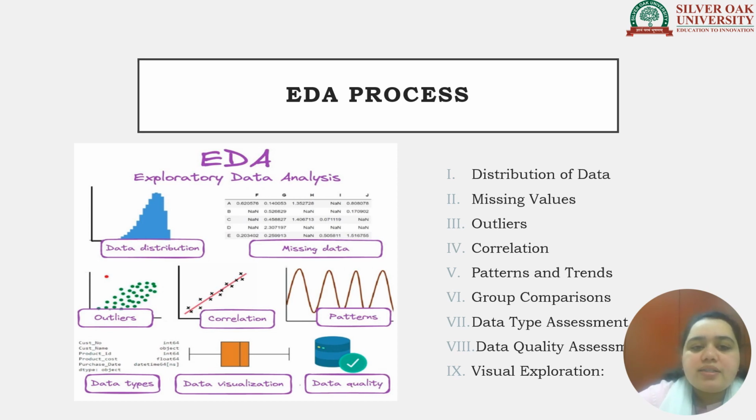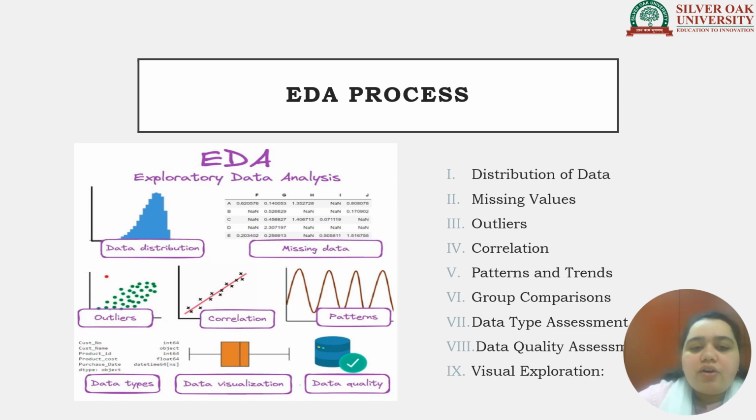Looking for patterns, trends, or anomalies in the data which can be visualized using line graphs, bar charts, or time series analysis. Group comparisons: comparing metrics across different groups, for example, categories or time periods, to identify significant differences or similarities.